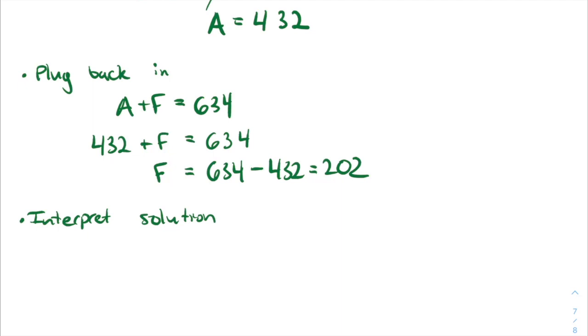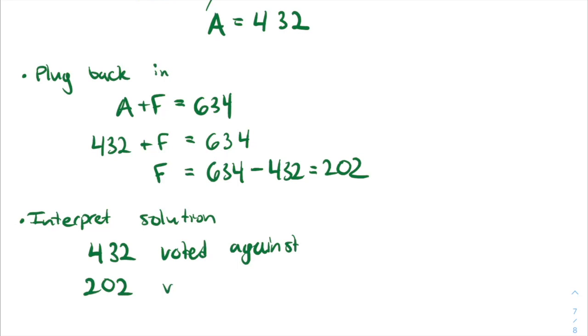Finally, because our question did not ask for F's and A's, let's interpret our solution to say that 432 members voted against and that 202 members voted for.